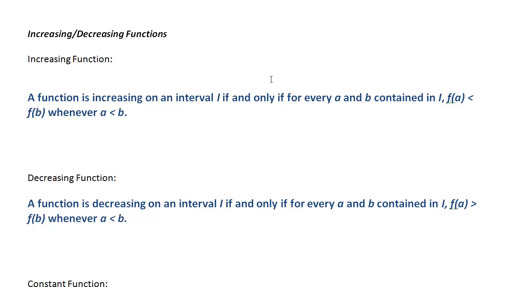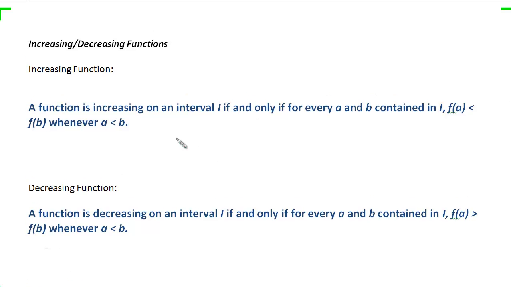This is more of a technical term, but all it's saying is as we read from left to right, as I move over any given interval, my function is increasing or going up. That's all that says. And it's the same thing for a decreasing function. As I read the graph, as I move from the left to the right, your graph is decreasing. It's heading downward.